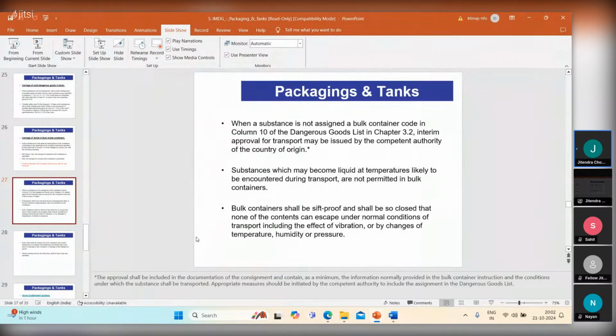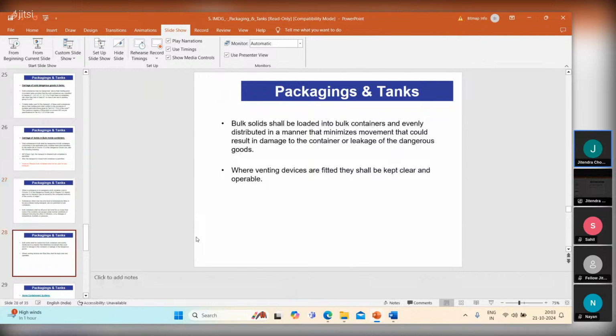Then bulk containers shall be sift-proof and shall be so closed that none of the contents can escape under normal conditions of transport, including the effect of vibration or changes of temperature, humidity, or pressure. Obviously, at whatever temperature, pressure, weather or vibration we face, the cargo should not come out.